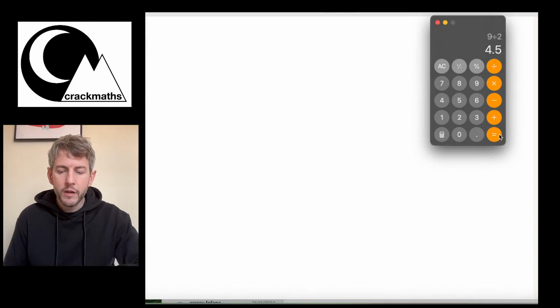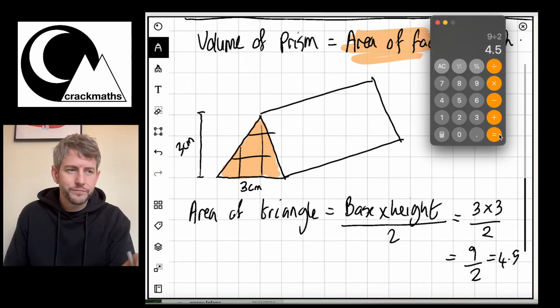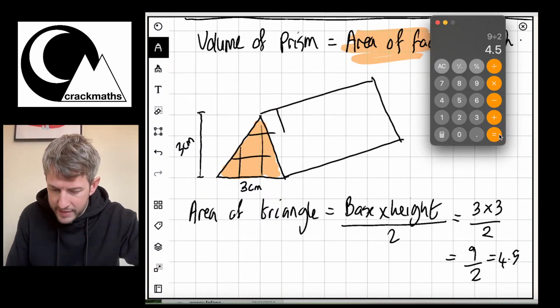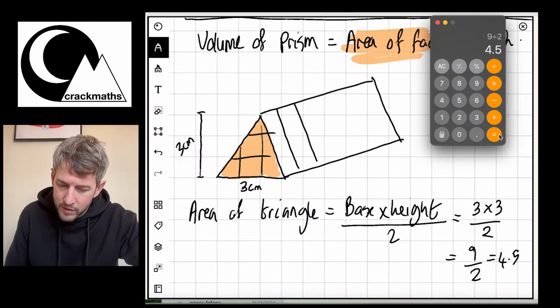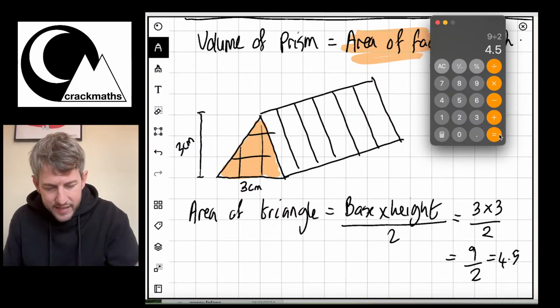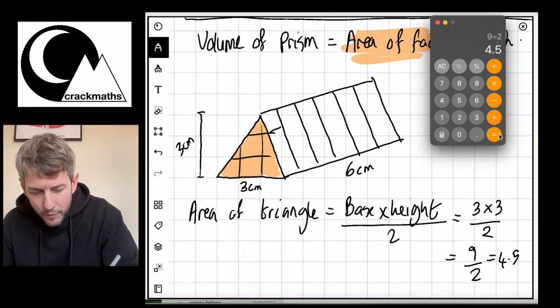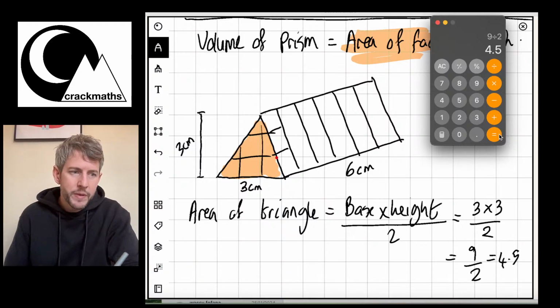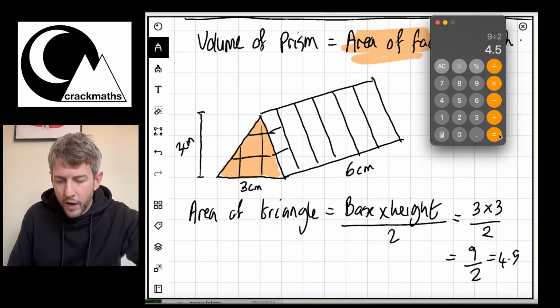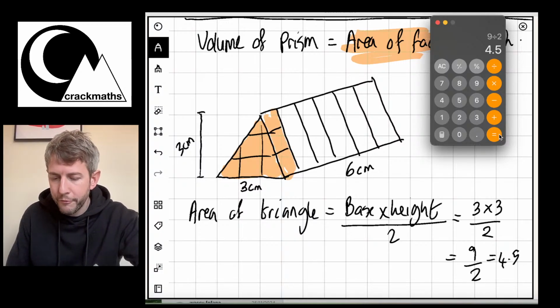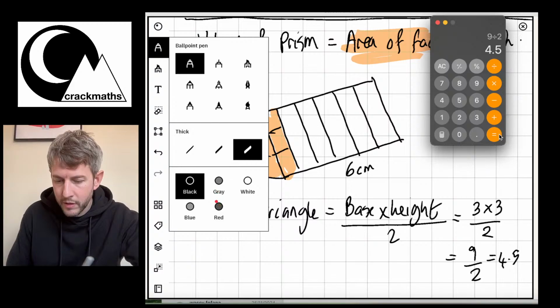So now remember, the volume of the prism is the area of the triangle times the depth. So let's give it a depth. Let's say we've got 1 layer, 2 layers, 3 layers, 4 layers, 5 layers, 6 layers. Okay, so I'm going to say this is 6 centimeters deep. Now, if you think about the face being turned into cubes, we know that each layer here is going to take up 4.5 cubes.